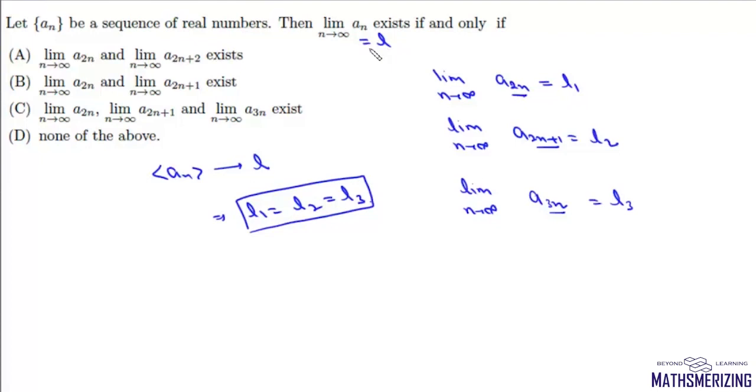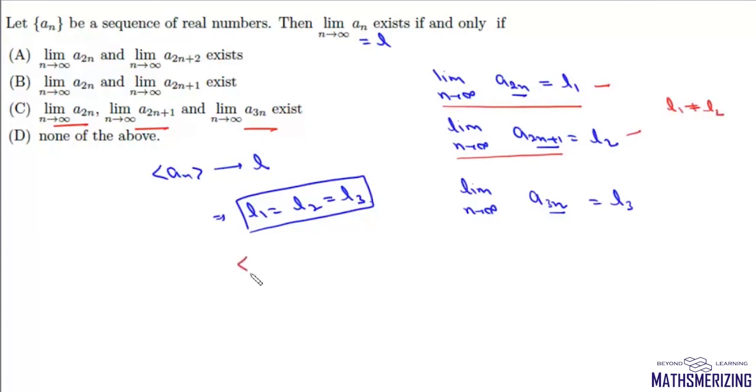Now we'll discuss the case when B implies A. That is, all these three limits exist. Now suppose the limit as n tends to infinity of a2n converges to L1, and the limit of a2n plus 1 converges to L2, and suppose L1 is not equal to L2.